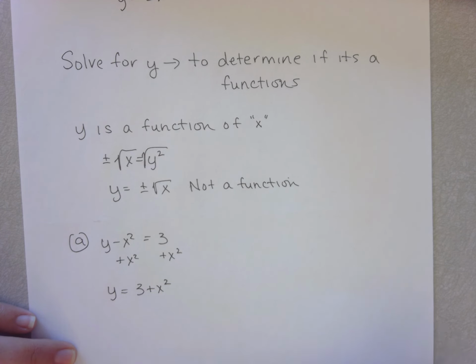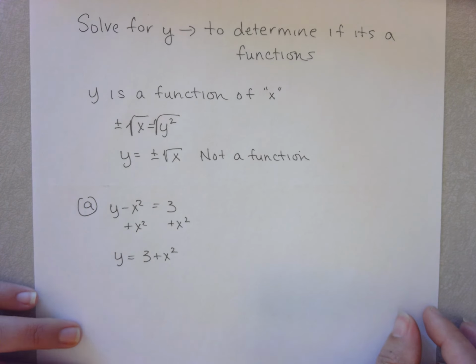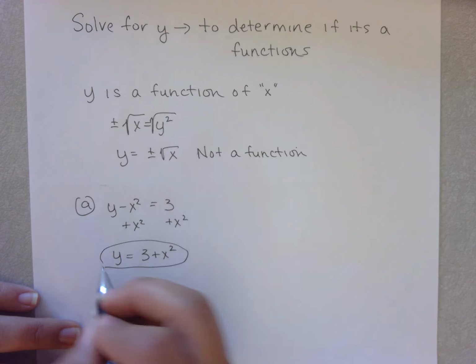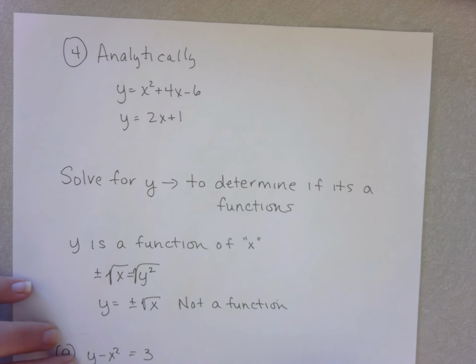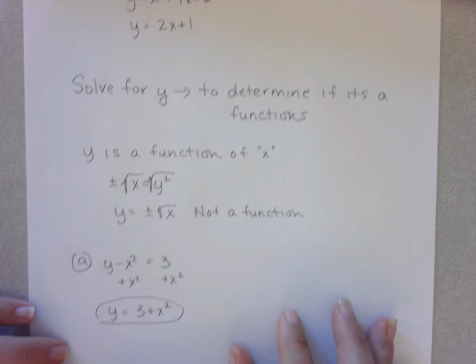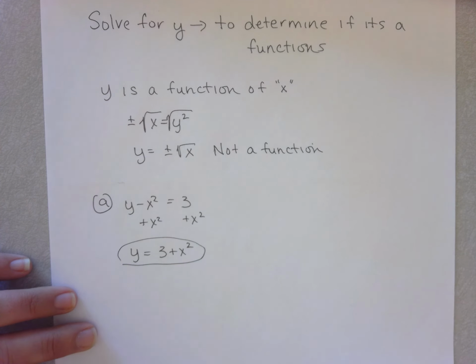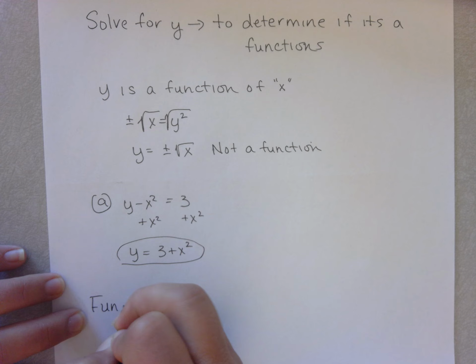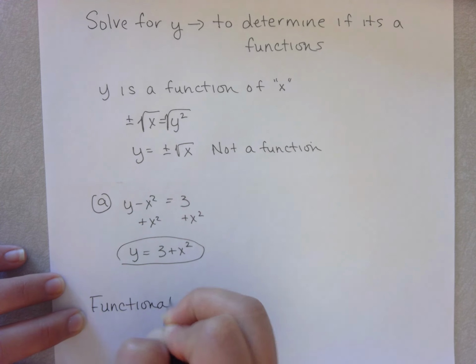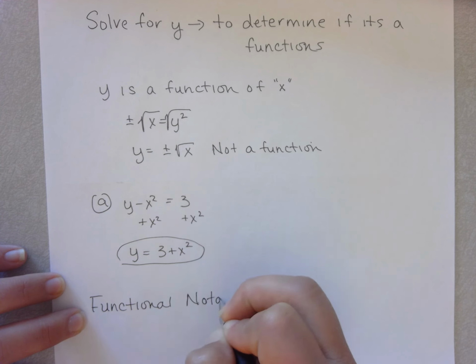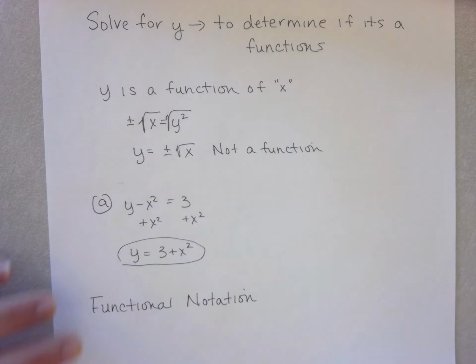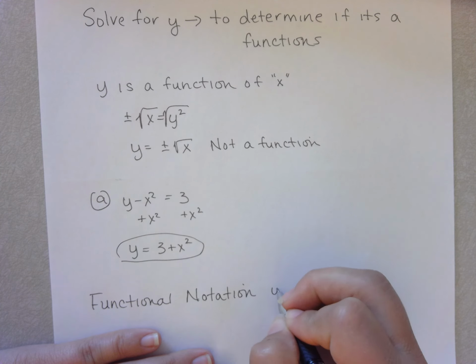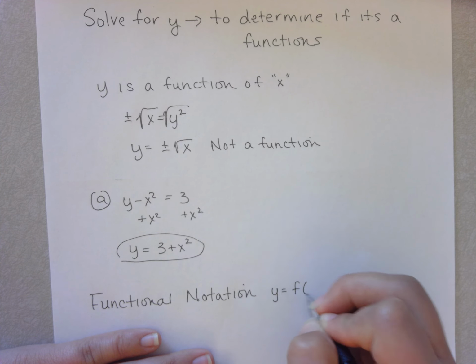All right. Once we know that something is a function, so now we know that this is a function and also these two beginning ones are also functions, one way so that we're not always wondering, wait, is that a function? Do I have to think about it? Once we know something is a function, we use what's called functional notation. And so basically what we do is we replace y with f of x.